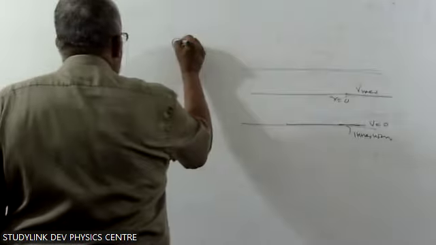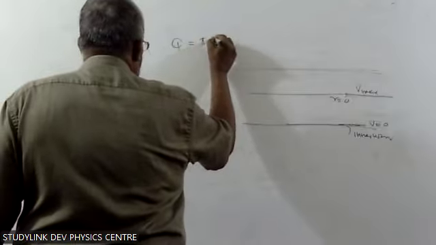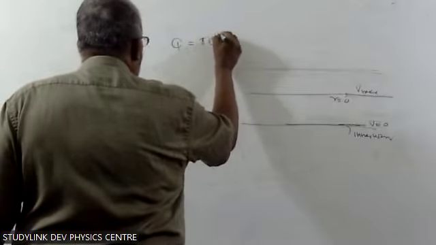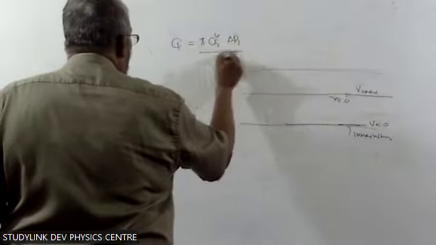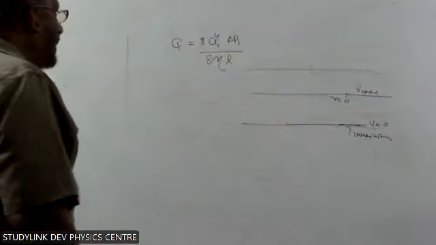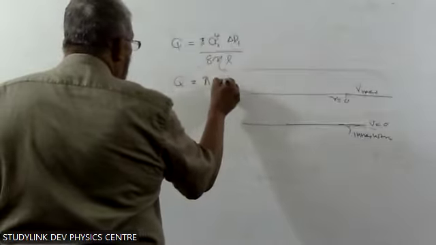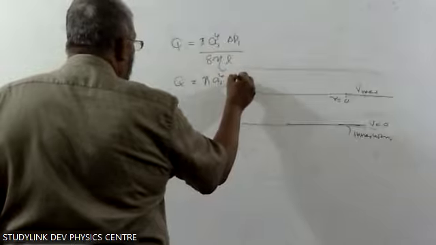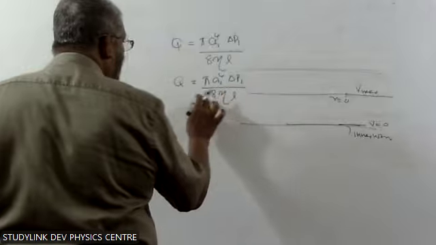First you write Q is equal to pi A1 to the power 4 delta P1, where delta P1 is P1 minus P2, over 8 eta L. Second situation, Q is equal to pi A2 to the power 4 delta P2 divided by 8 eta L. Length and eta are all the same.